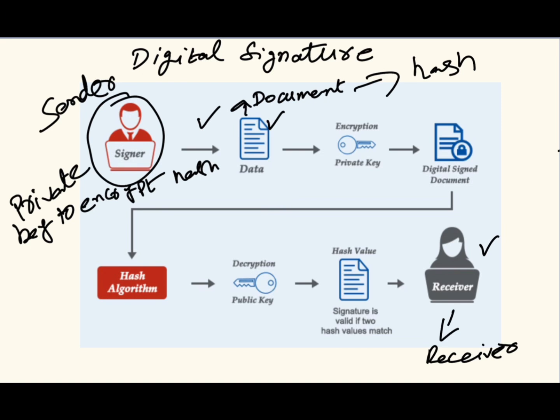The sender encrypts the hash, and once the receiver receives the document along with the digital signature, the receiver checks the identity using the sender's public key.